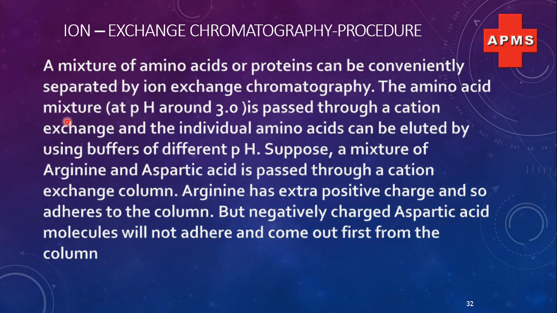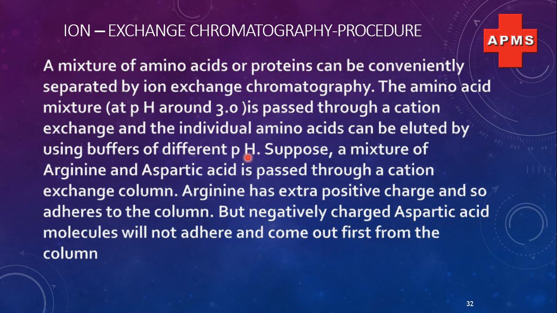The amino acid mixture is passed through a cation exchange column, and the individual amino acids can be eluted by using buffers of different pH. See, we know that there are various amino acids which have carboxylic groups and amino groups on them. The number of carboxylic groups and amino groups could vary with different amino acids.